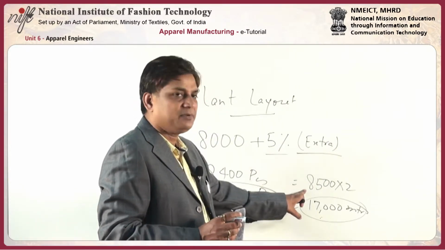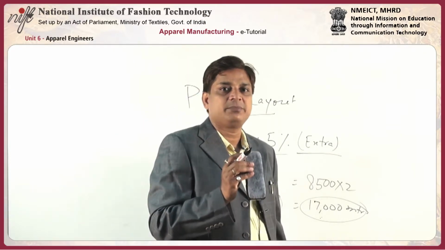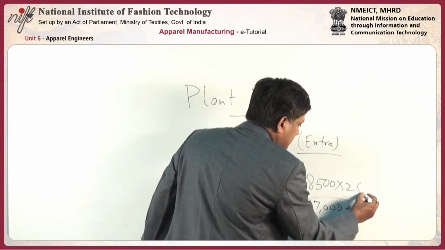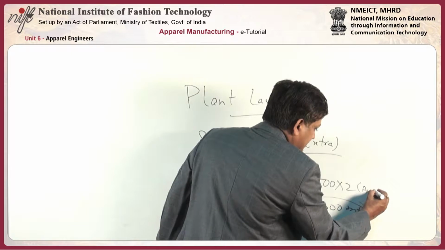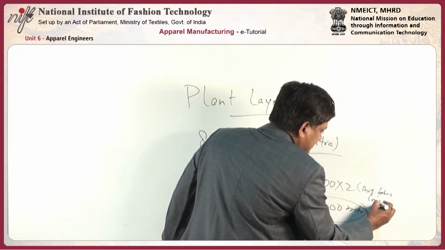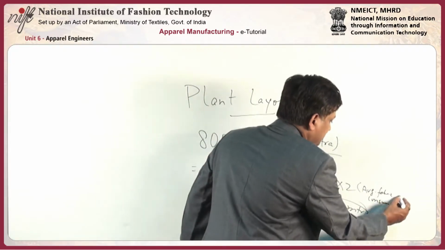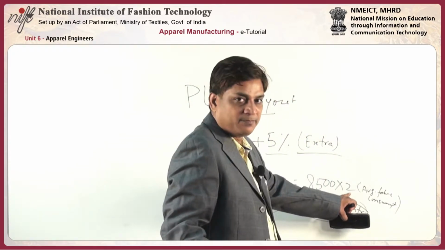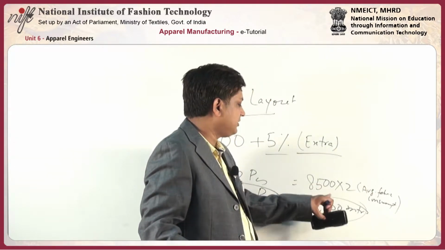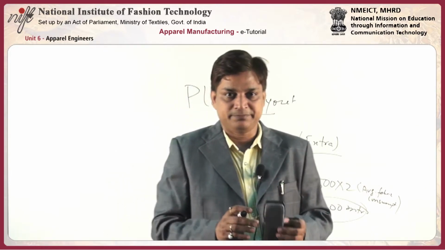We have to make the capacity of 8500 pieces in the cutting room, and 2 meters is the average fabric consumption per garment. So 8500 into 2 is 17,000 meters of fabric required per day.